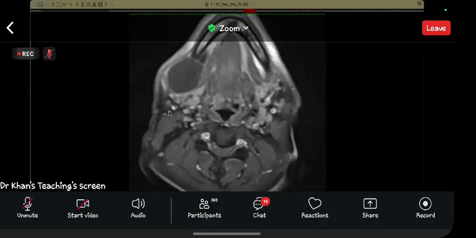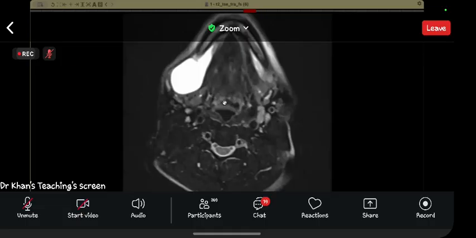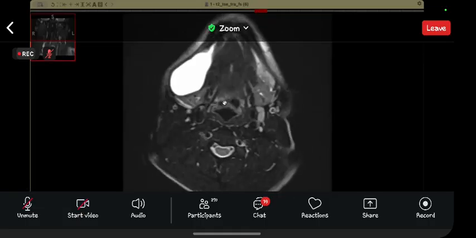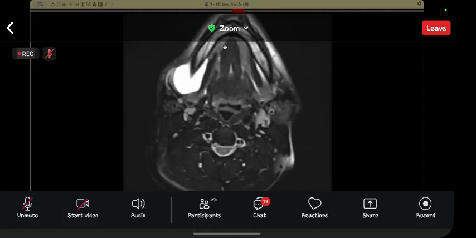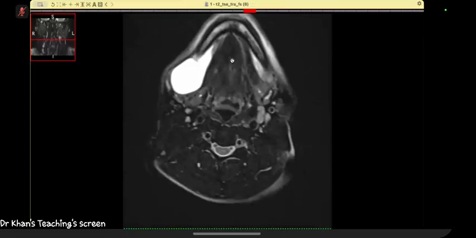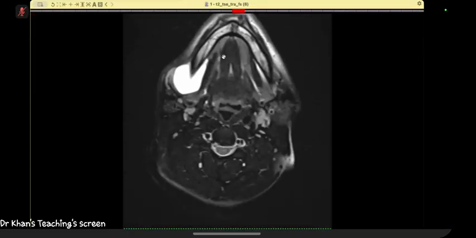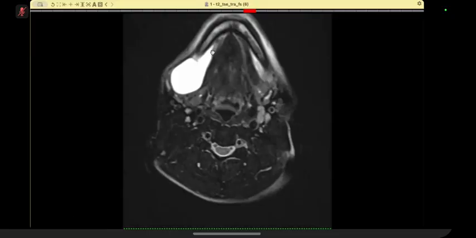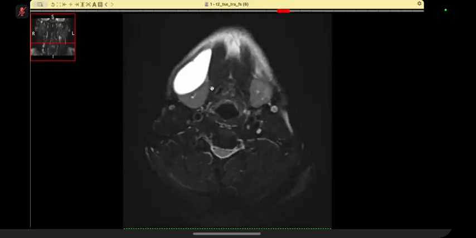Now, first of all, this ranula case, look at the anatomy. We can see the tongue and the oral cavity. This is the mandible. You can see this tail. This is the tail sign. And please remember that nothing is happening to the submandibular gland. This is the submandibular gland.